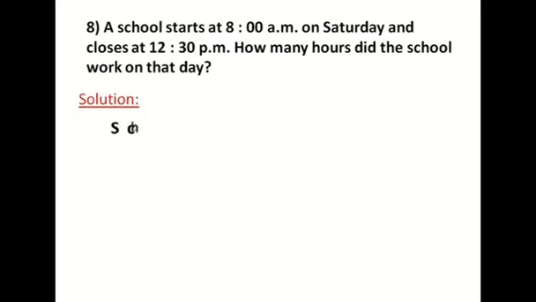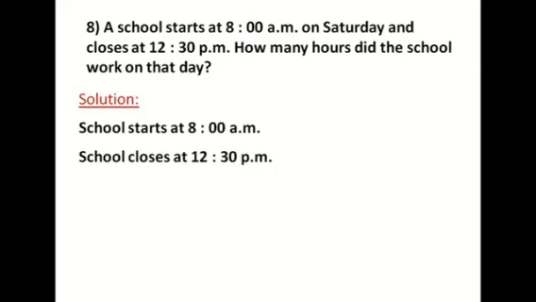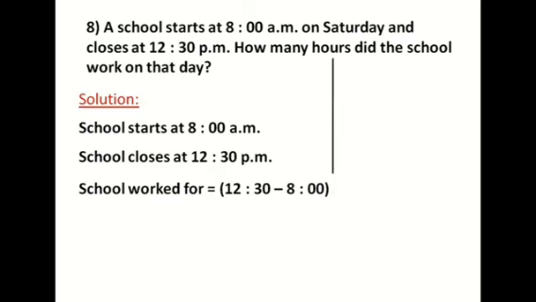We can write school starts at 8 a.m. School closes at 12:30 p.m. So now we will subtract 8 hours from 12 hours 30 minutes, right? So please do it. School worked for 12 hours 30 minutes minus 8 hours. So do it in your working column. Write 12 hours 30 minutes.